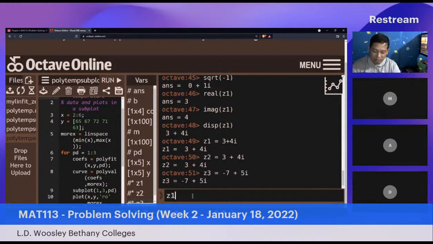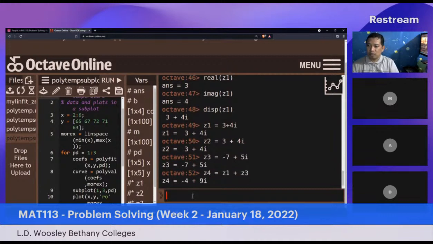Getting the sum of Z sub 1 and Z sub 3, we could assign this as Z sub 4. Then we have the result by adding the corresponding real and imaginary parts. So 3 minus 7 is -4, and 4i plus 5i is equal to 9i.